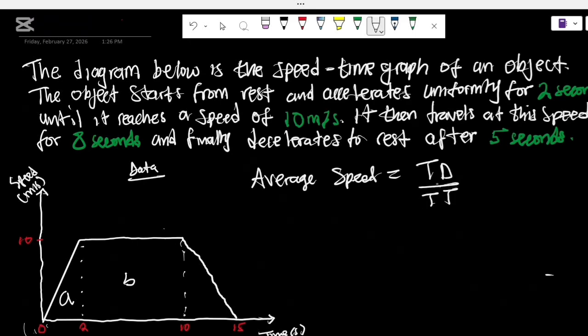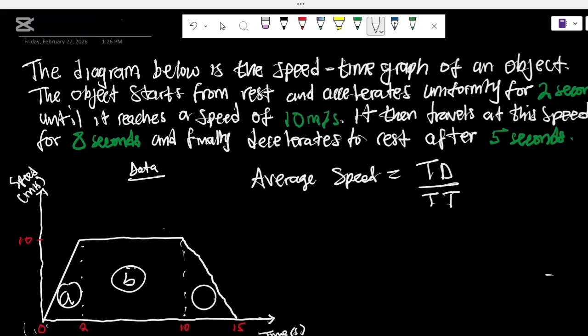So in this case, all you have to do is find the total distance and find the total time. And therefore, we can go ahead and deal with this. Notice that we've calculated the distance of this shape and the distance of this shape. So we can only find the distance of this shape to get the total distance in this case.